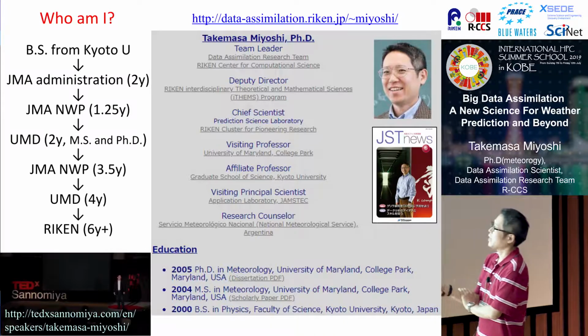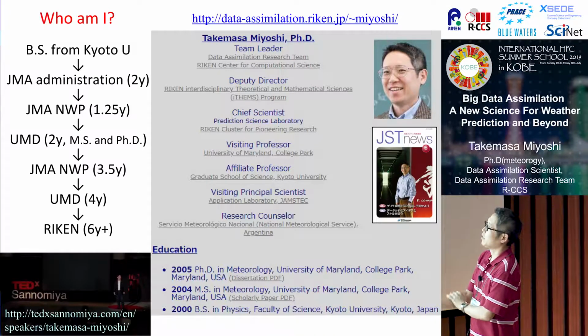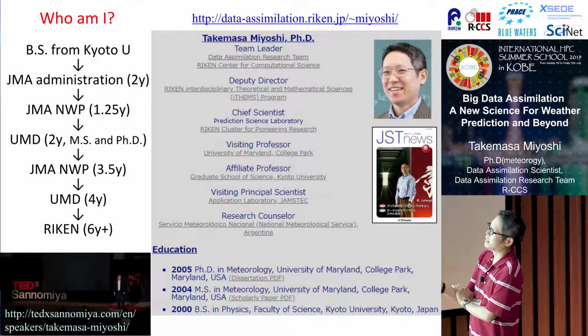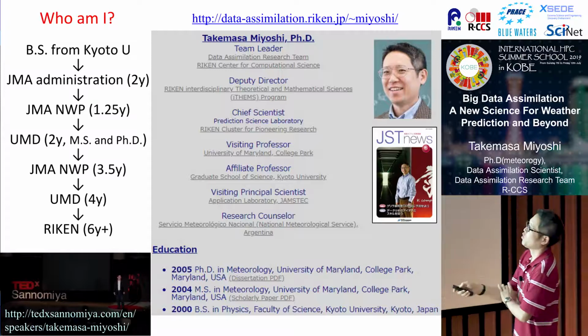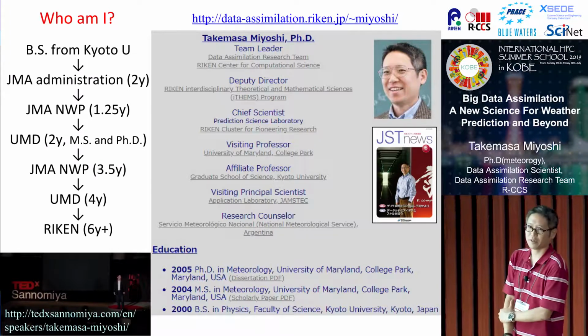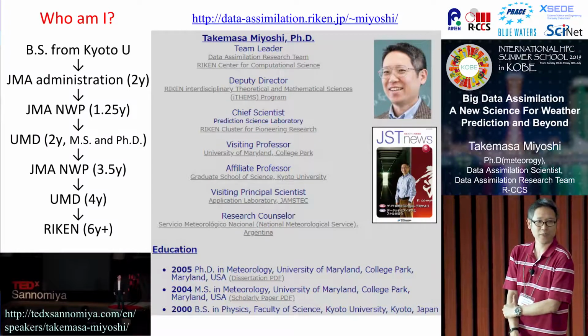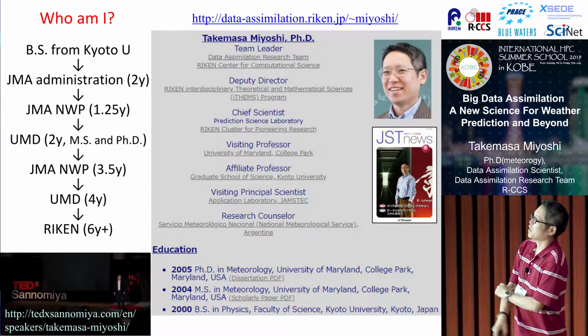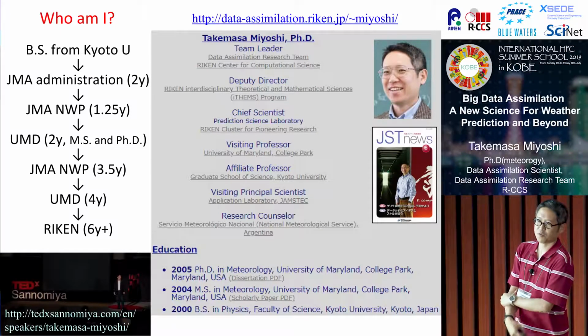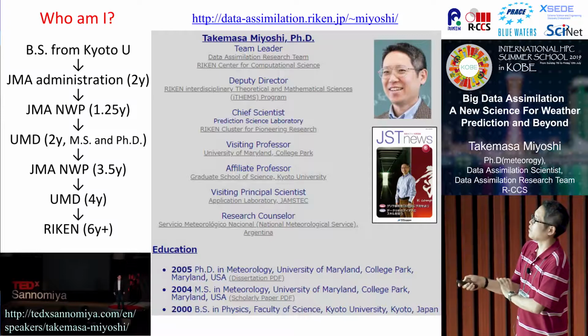And then I had a chance to study at the University of Maryland. Again, I had finished only the bachelor's degree, so I didn't have any graduate degree. This was part of a government training program, only for Japanese government employees. I was a student there for 2 years.